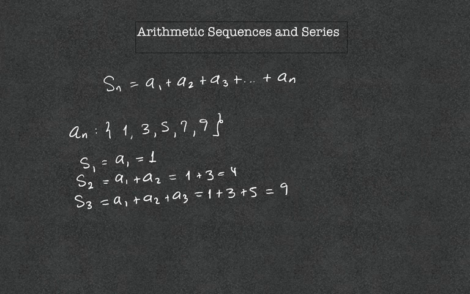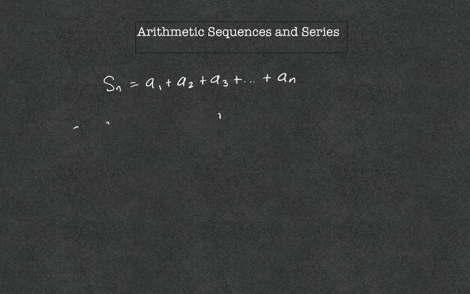And you can continue doing this all the way to your desired length of the sum. So if you want to add n terms, you're going to be doing this process n times. However, you are not expected to carry out sums that are too lengthy. Instead, you can use the formula that I'm going to give you for the arithmetic series.